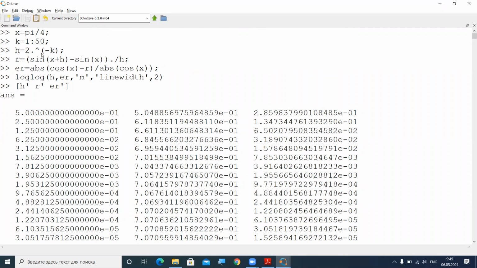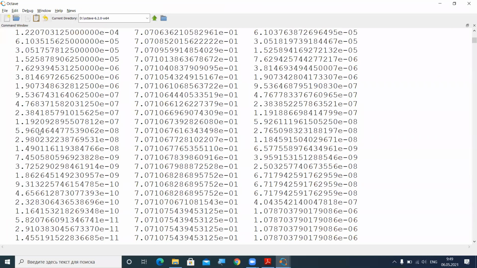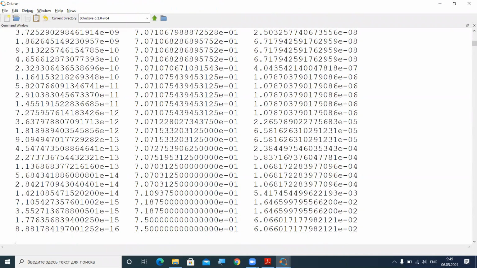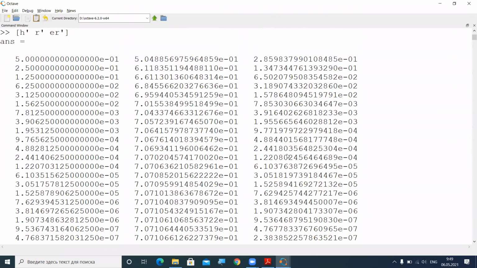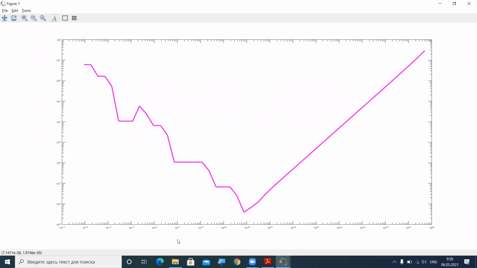So if 2 to the power of minus 1, it is 1 over 2, 0.5, etc. You can see 50 rows here, and corresponding values for h, r function, and the relative errors. Yes. And here we have a graph for these values. Here we have the h axis, and this one is the error.